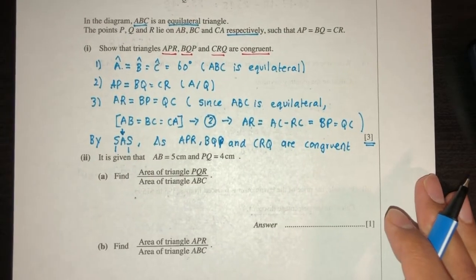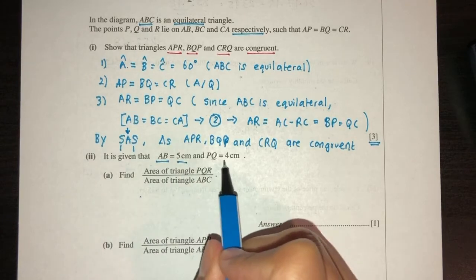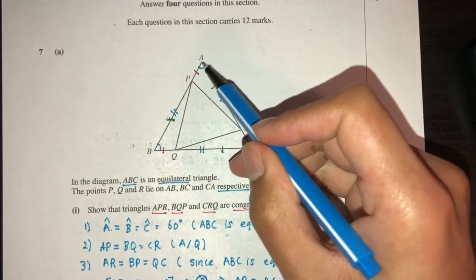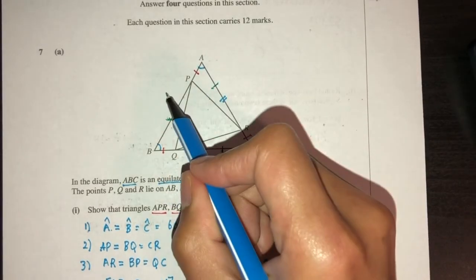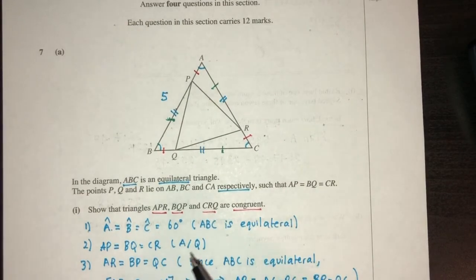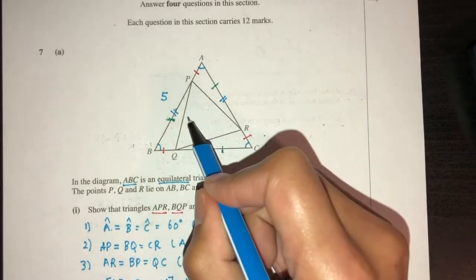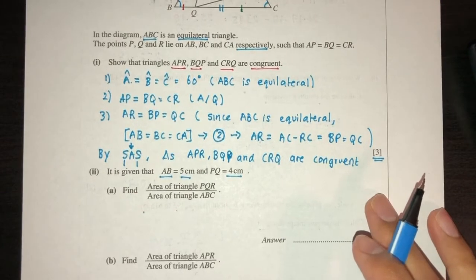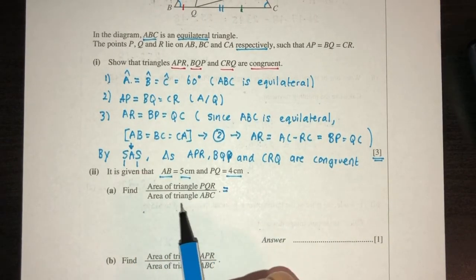Now for part 2, it is given that AB is 5 and PQ is 4. Okay, so AB is 5 and PQ has been given as 4. What do you want us to find? So we have to find the area of triangle PQR over ABC.